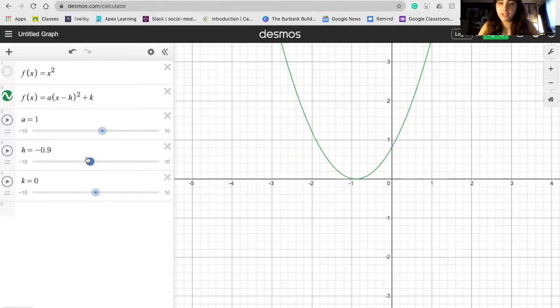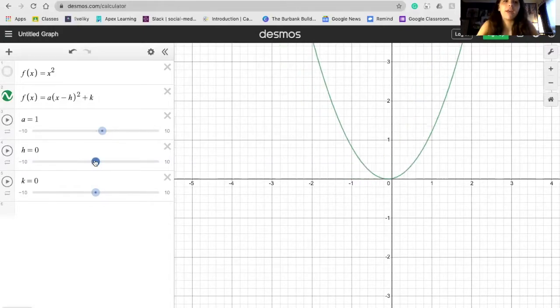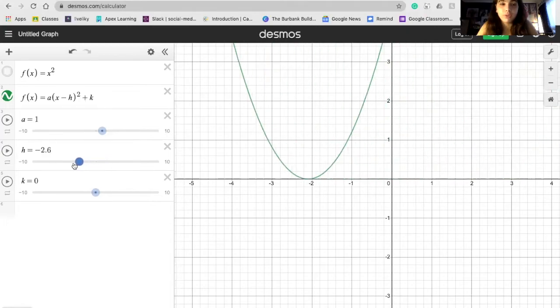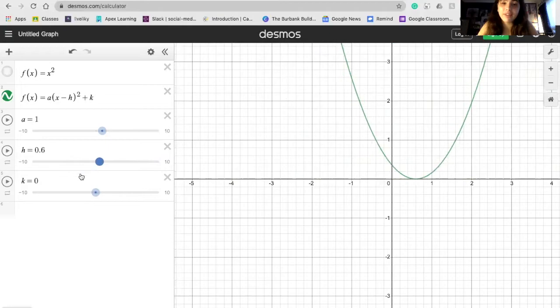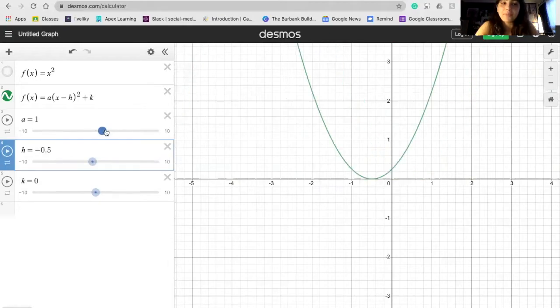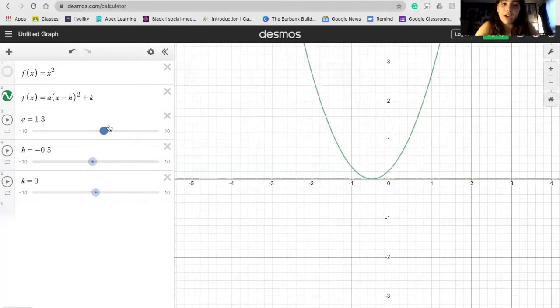That was a little bit confusing, but math is confusing. So is life. So we shall continue. As you can see, when h is positive, it moves to the right. But when h is negative, it moves to the left. Yeah, h controls how left and right it is.